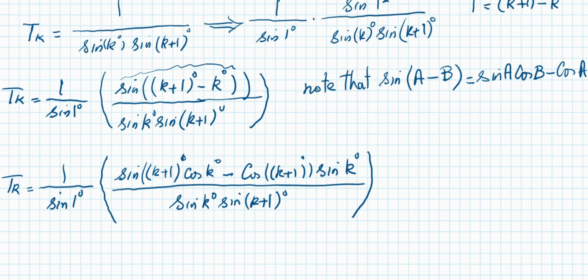Now we break this into two relationships, simplifying by sine of k plus 1 one time, and one time by sine of k degree.